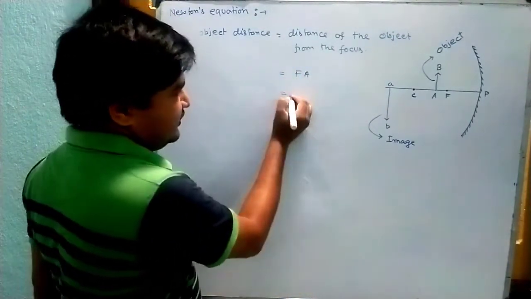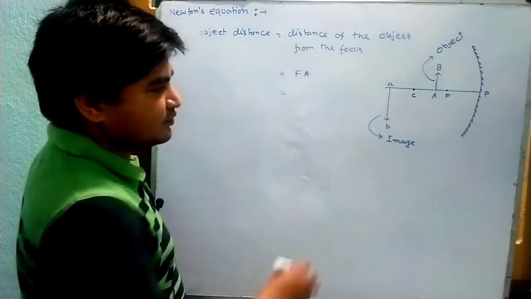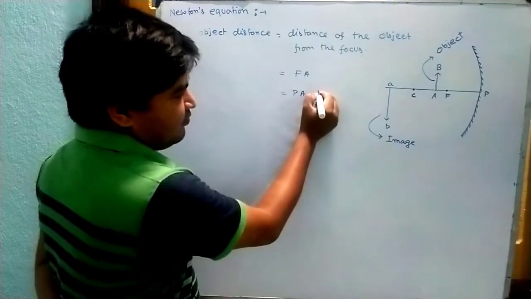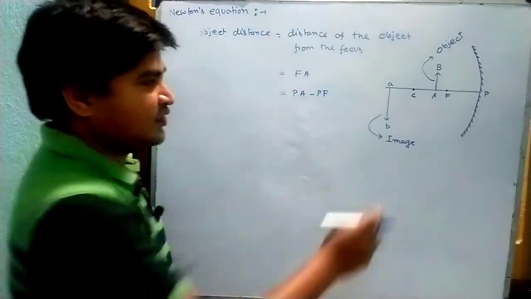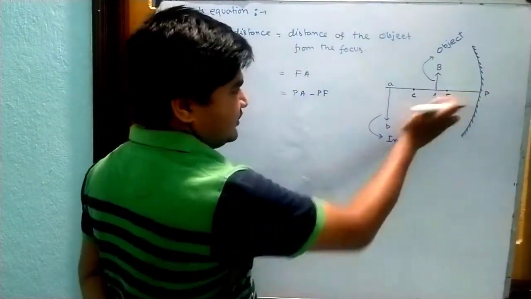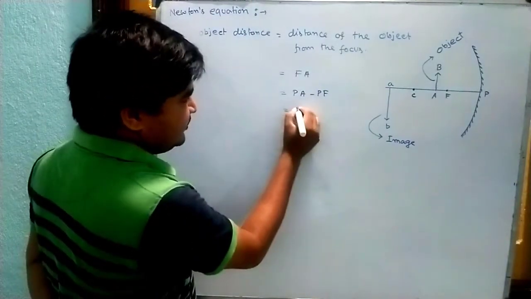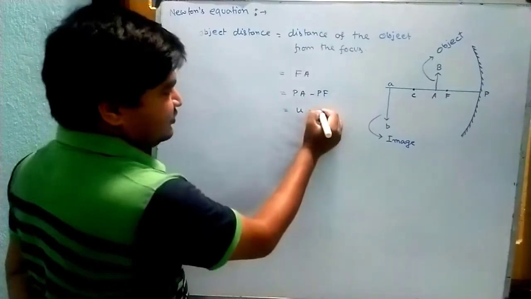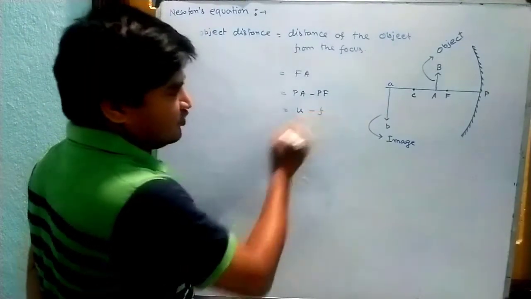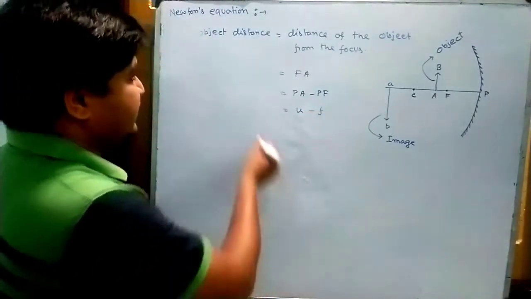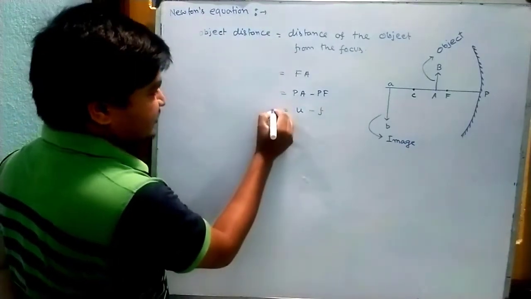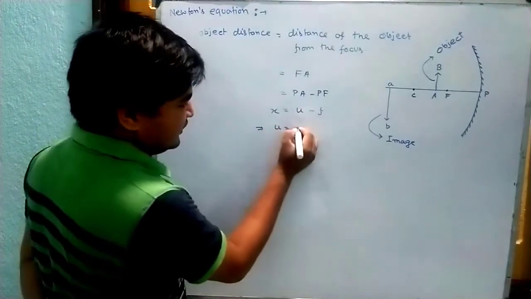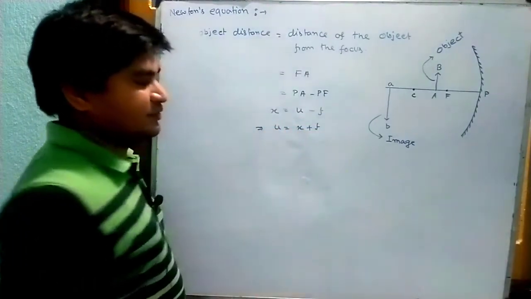We can write it as FA equals to PA minus PF. So we know PA equals to u and PF equals to focal length, that is f. Let's consider this distance as x. So x equals to u minus f. So u equals to x plus f.